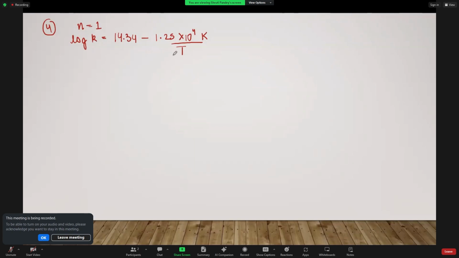You need to calculate the activation energy for this reaction. First part says that you need to calculate the activation energy, and the second part says, at what temperature will its half period or half life be 256 minutes.